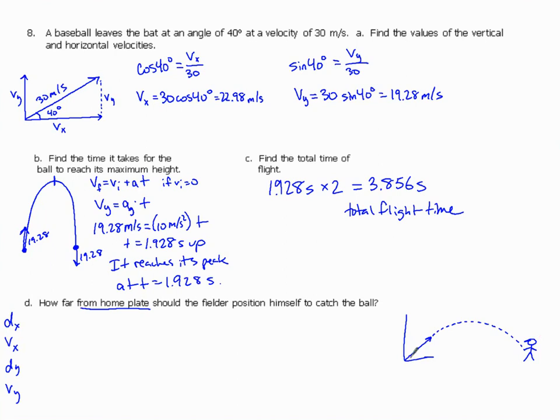So remember, as it goes up, its horizontal component remains the same, but its vertical component is becoming less and less. So what we want to know is how far from home plate, that's dx. So here is the formula that we want to use. Horizontal distance equals horizontal velocity times the time.